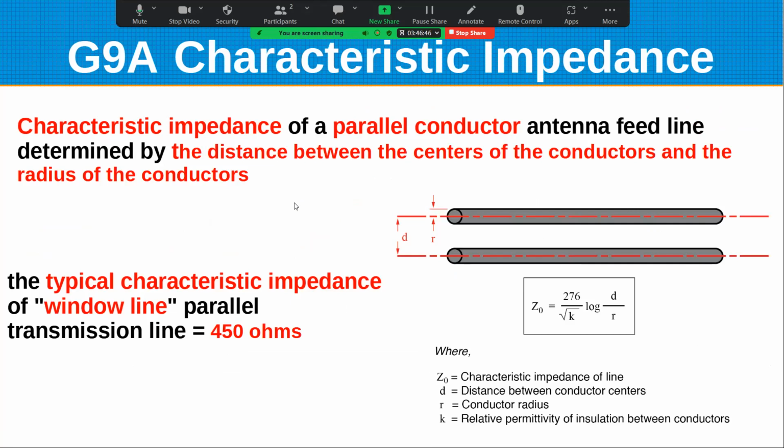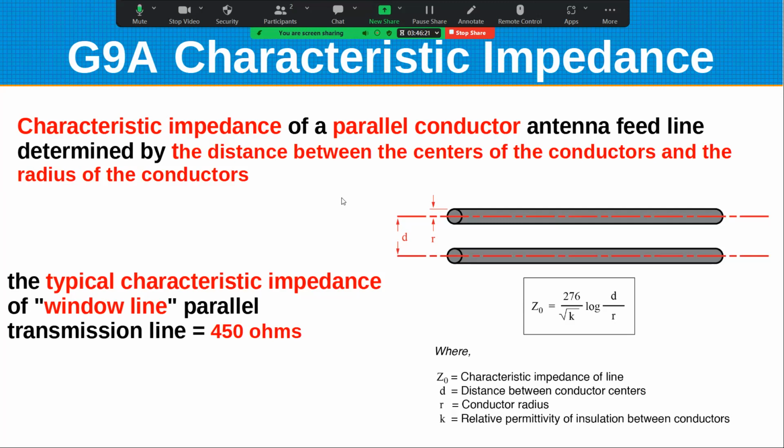If you have a parallel conductor transmission line, such as twin lead, window line, ladder line, the characteristic impedance is determined by the distance between the conductors and the radius of the conductors. So the farther apart they are, the higher the impedance.